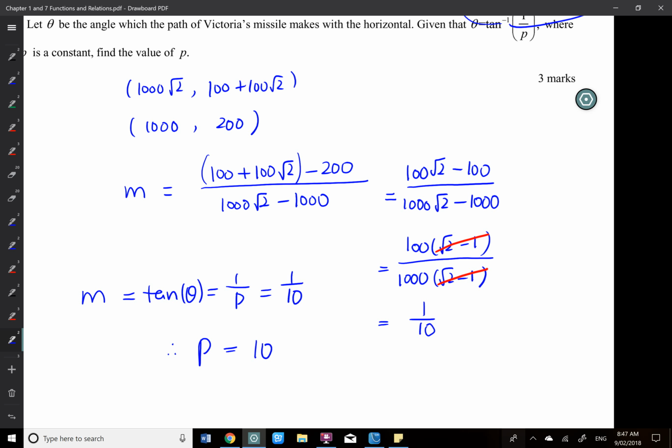Students see this question, oh, tangent inverse, oh, p. Where can I find that p? They focus too much on the p value. But when you see theta, tangent inverse, that must relate to a line and the angle in between the line and the positive x-axis. Then you will think, oh, that's asking for the gradient. If you know it's asking for the gradient, everything's easy to solve. So you need to know what is being asked in a question.